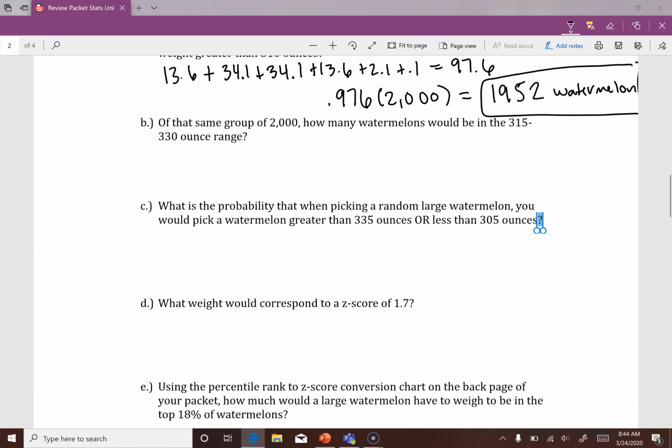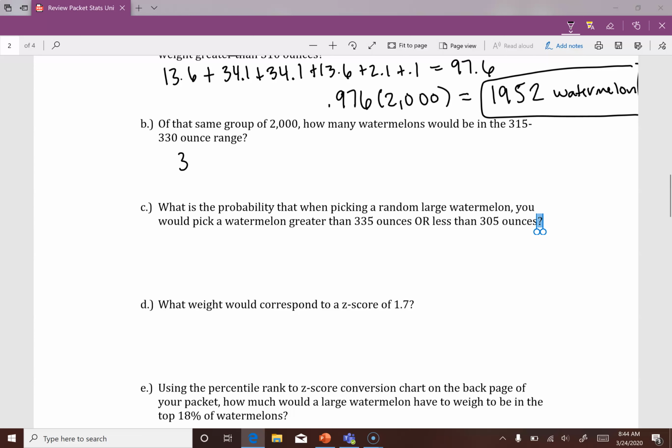When I do that, I get a 34.1 plus a 34.1 plus a 13.6 gives me 81.8%. So converting that 81.8% into a decimal, I get 0.818 times my 2,000 watermelons is going to give me 1636 watermelon.